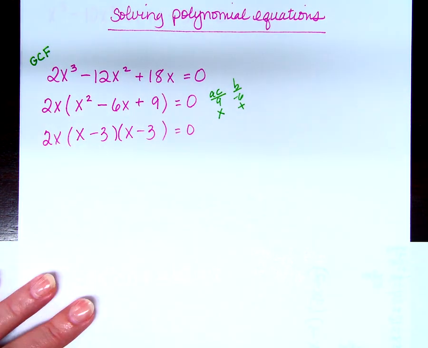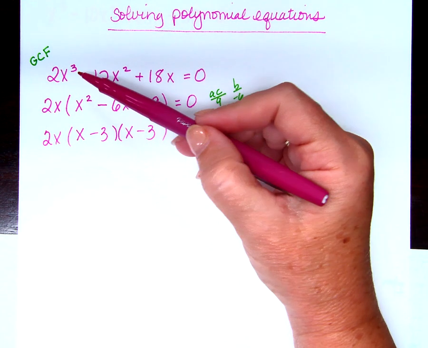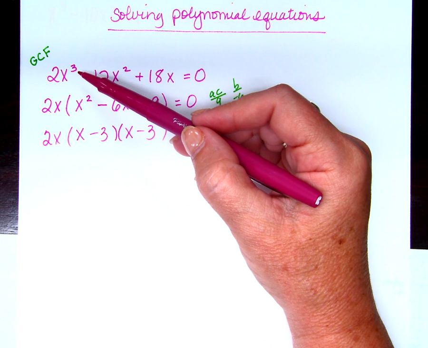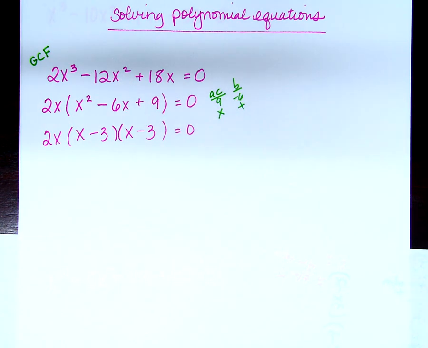Good. Now there's something that you need to know called the zero product property. There's like 3 famous theorems and properties that you have to know for just today's lesson. That should tell you that it's pretty important, right? The first one was the fundamental theorem of algebra. And what does that say? That's how many answers. The highest exponent is how many answers you should get, right? The next thing you need to know about is called the zero product property.